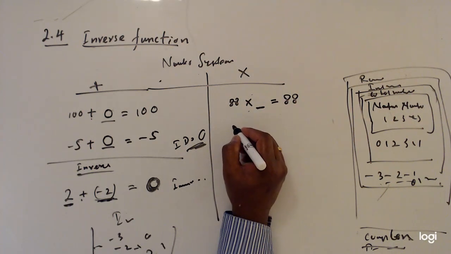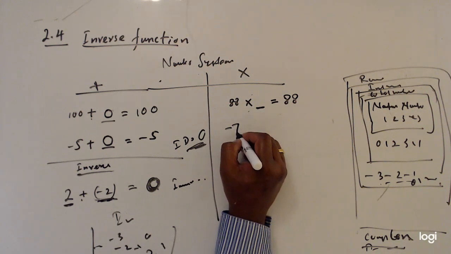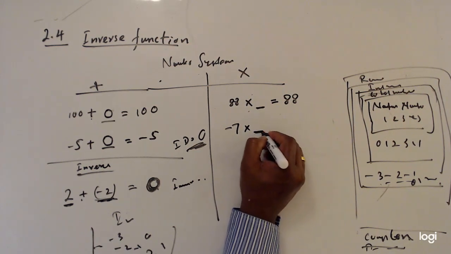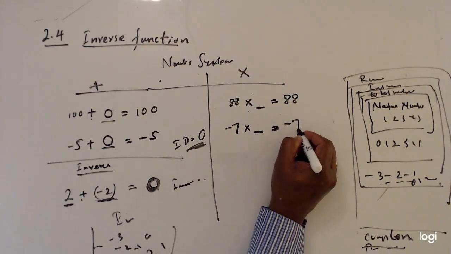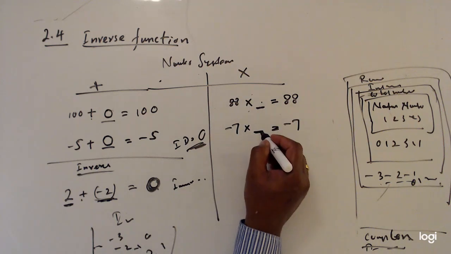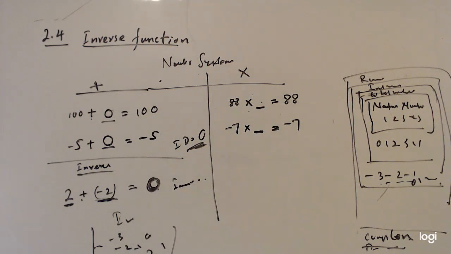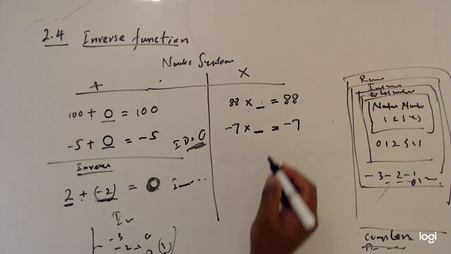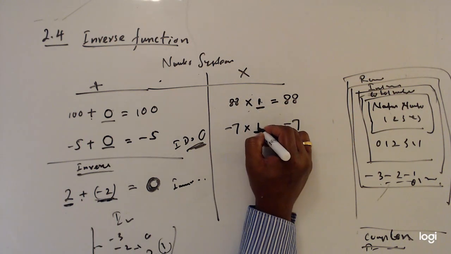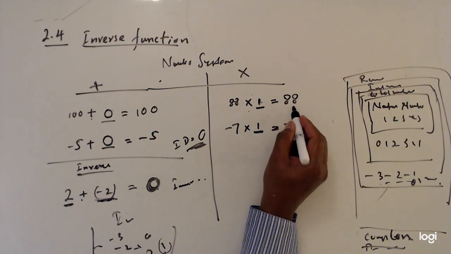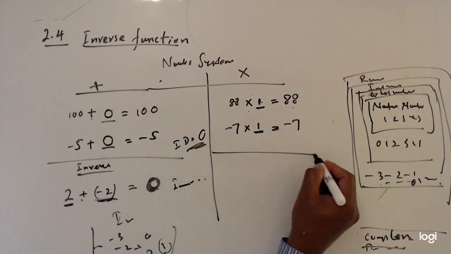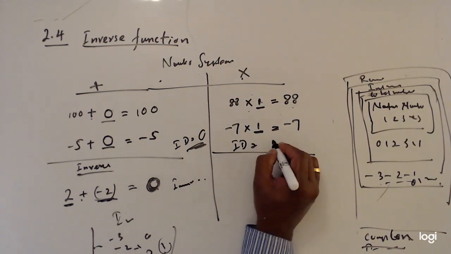Yes. I'll consider another number, minus 7, and multiply by another number, you will get minus 7. Is there such a number in this pot? Yes, there is a number. If not, it is not complying. So yes, there is the number 1. When you multiply by 1, you will get the same. Hence, under multiplication, the ID is 1.